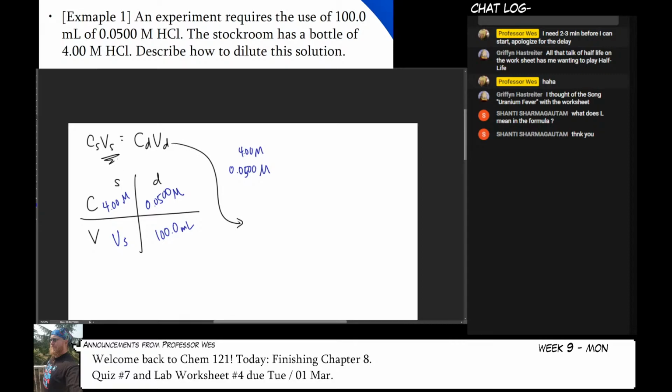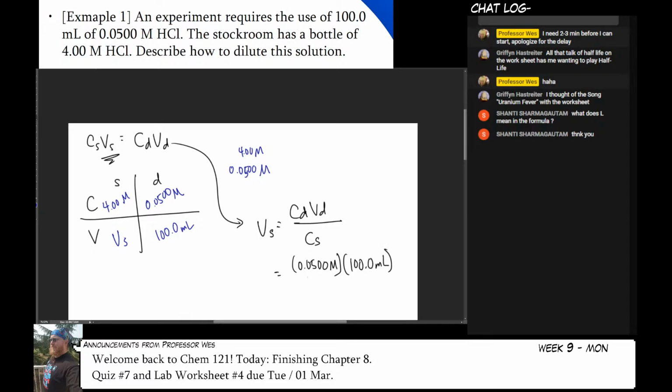So if this is the variable that I'm solving for, I'm going to do something like this. I'll divide both sides by the CS, and now I can just plug in the numbers, right? So concentration of dilute was 0.0500 moles per liter. The volume of dilute was 100 milliliters.